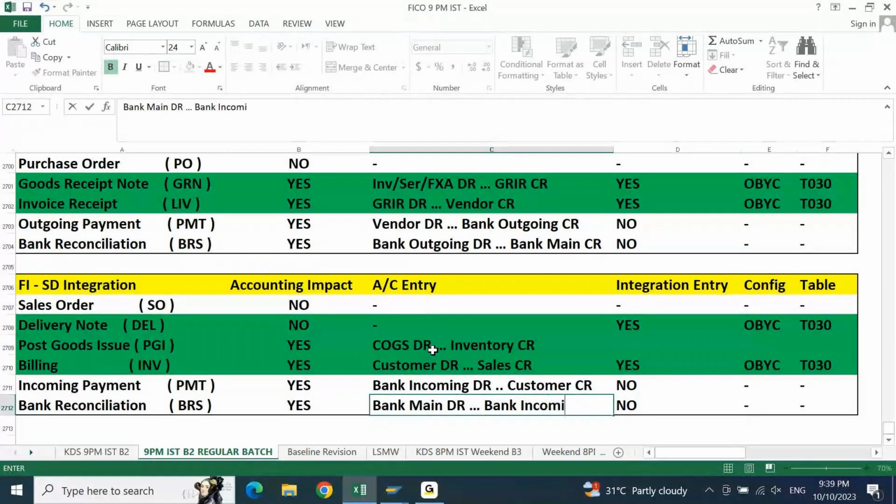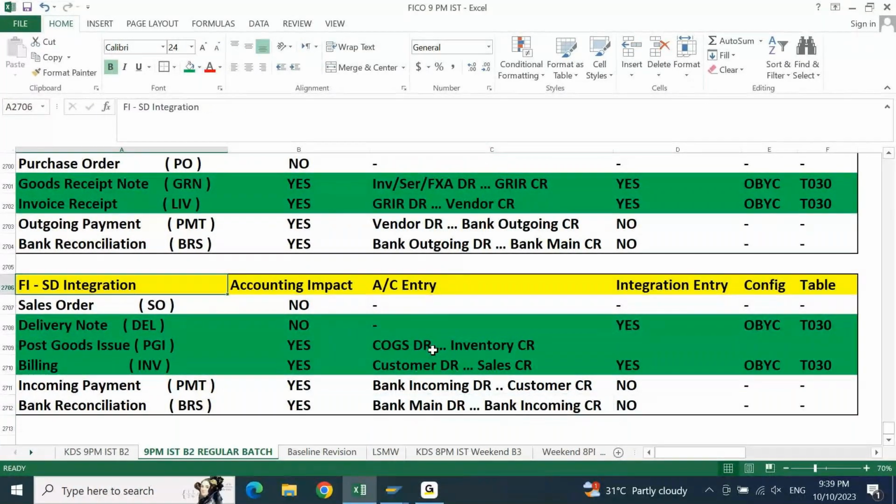During the bank reconciliation, bank main account will be debited and bank incoming will be credited. This is the accounting entry during your BRS.